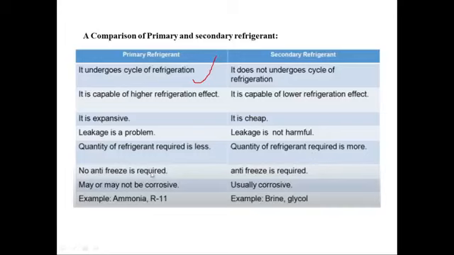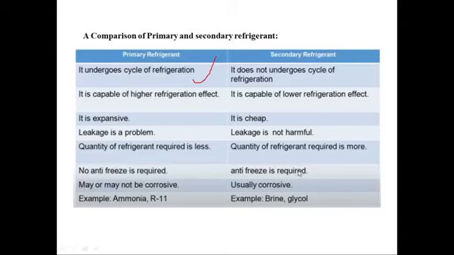No antifreeze is required. Your primary refrigerant can go as low as -40, -50 degrees centigrade, and it will not require any antifreeze substance. But in case of the secondary refrigerant, sometimes you may have to use an antifreeze.